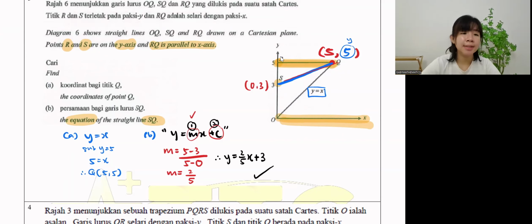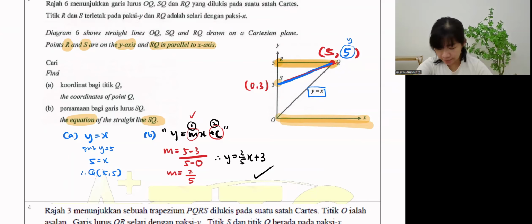Now, trust me, the exam will surely have y equals mx plus c. It's a popular topic. Make sure you master this topic. There are many more questions at the bottom, so you can try them out.